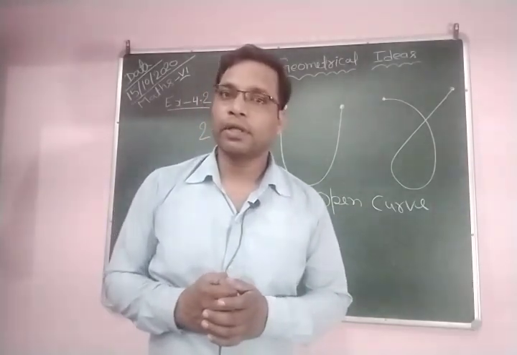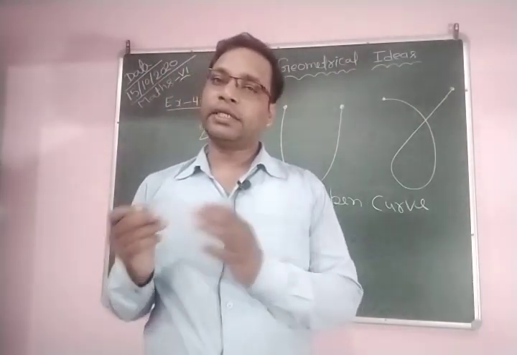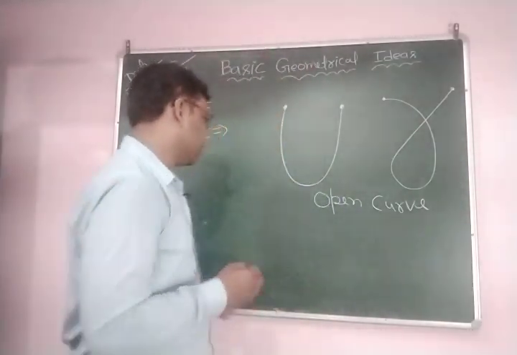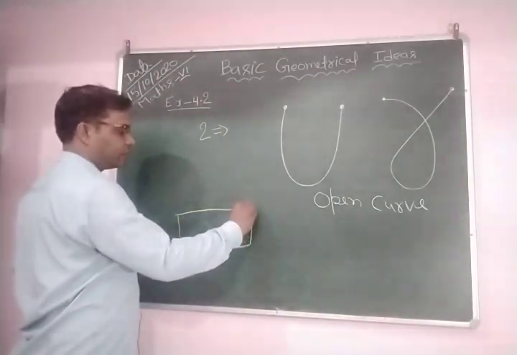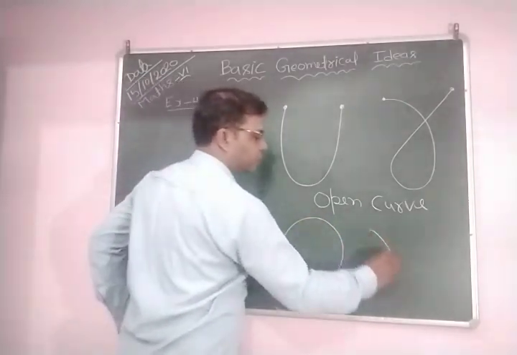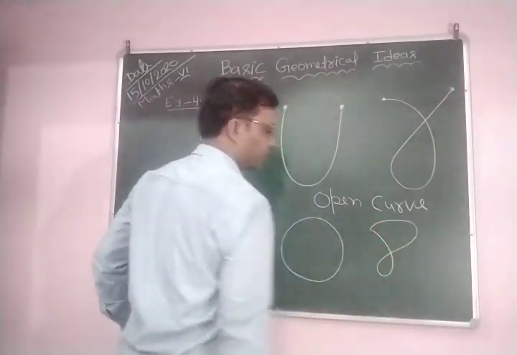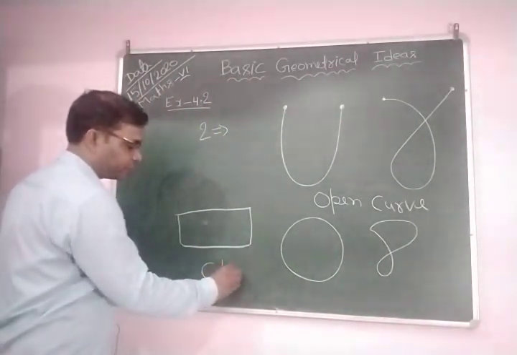What is a closed curve? A curve whose initial point and end point are at the same place. So you can see this is a closed curve. Also this is a closed curve. Clear?